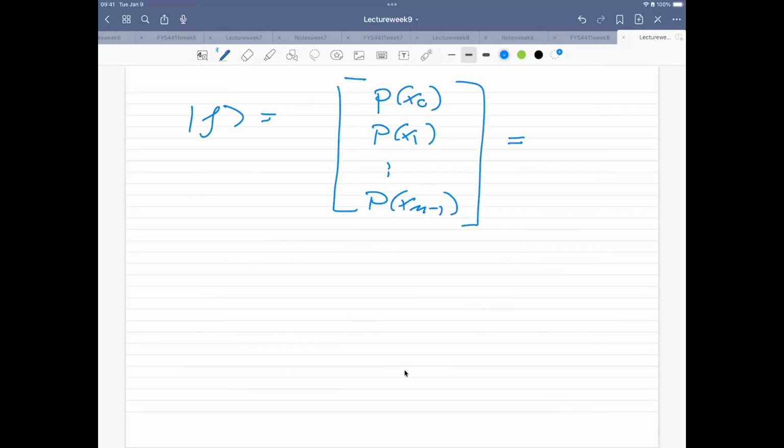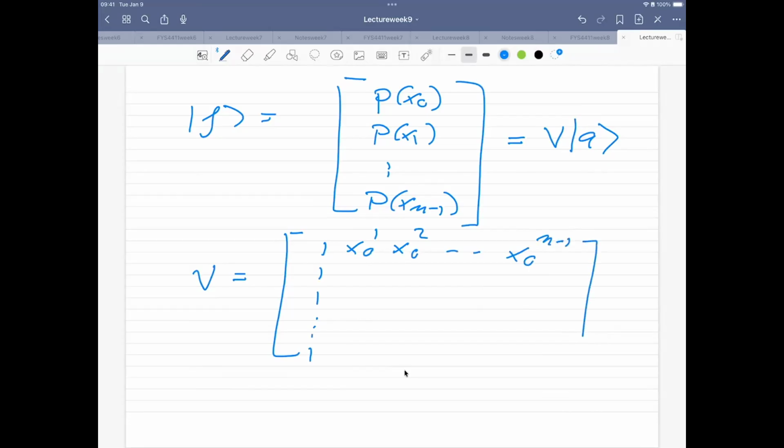And I can rewrite this as a matrix V times a vector A, where these A's are the unknown coefficients a0, a1, etc., of the polynomial expansion. So this V is given by 1s along the first column, and then x0 to the power of 1, x0 to the power of 2, up to x0 to the power of n-1, and x1 to the power of 1, x1 to the power of 2, up to x1 to the power of n-1.